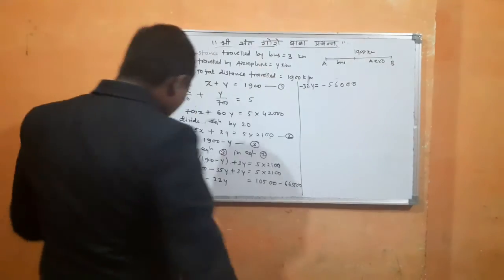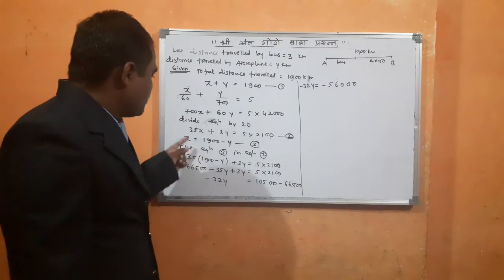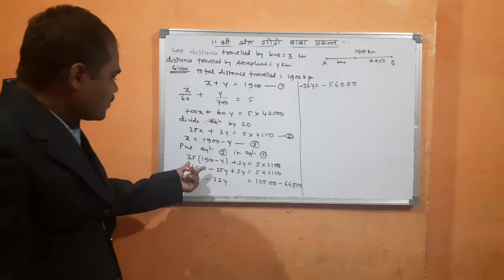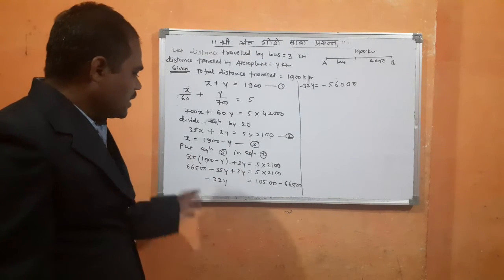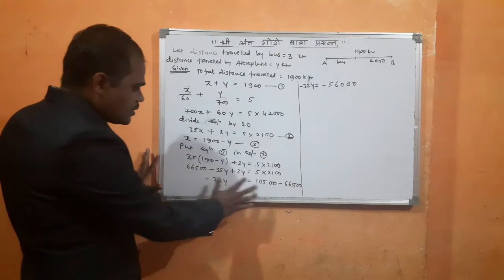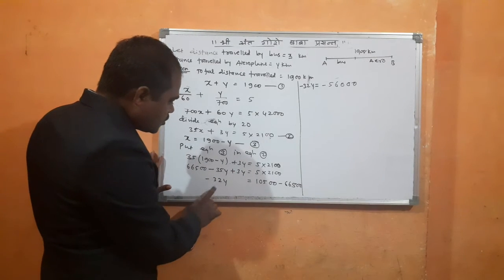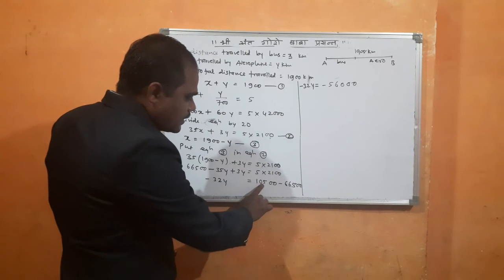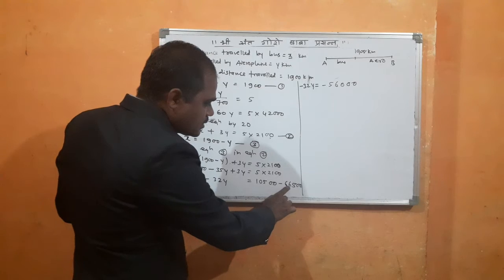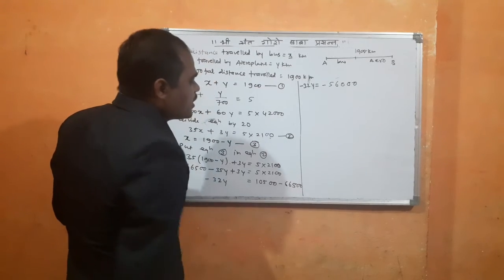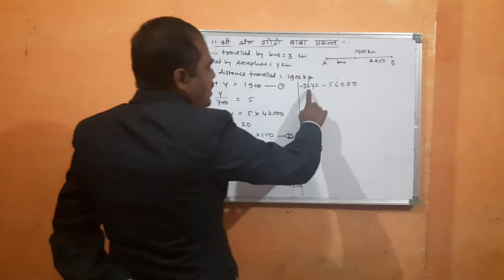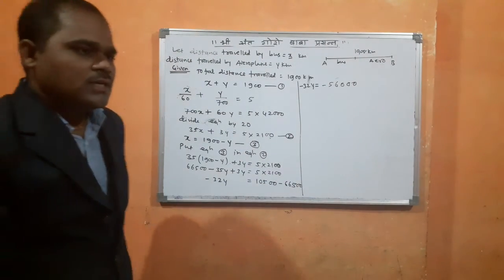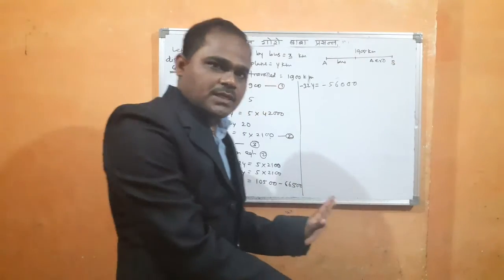Okay. So by replacing x is equal to 1900 minus y in equation number 2, we will get this equation, and by solving this equation in this way, we get minus 32y is equal to 10,500 minus 66,500. So we will get minus 32y is equal to minus 56,000. This is basic concept of mathematics.